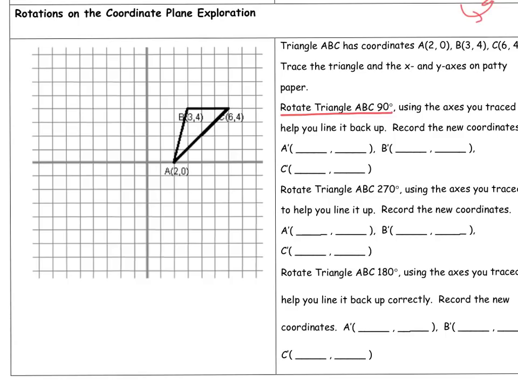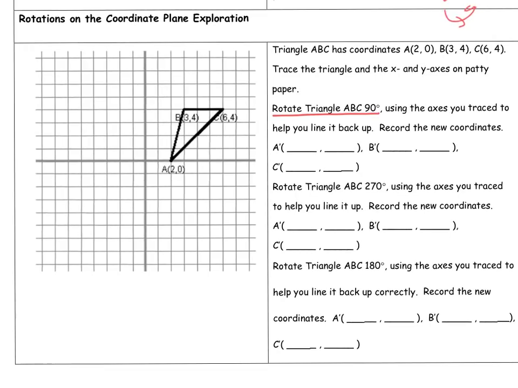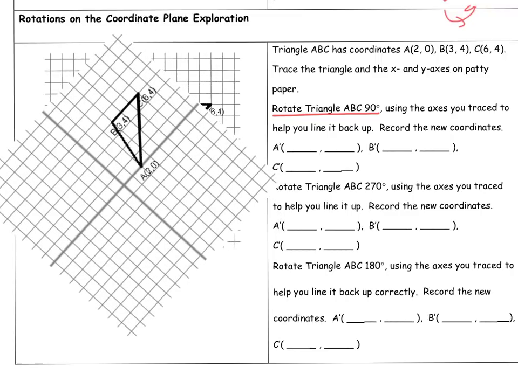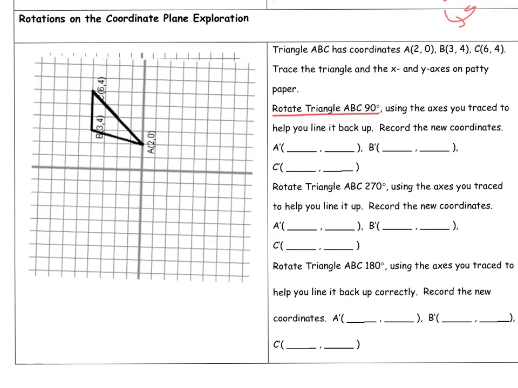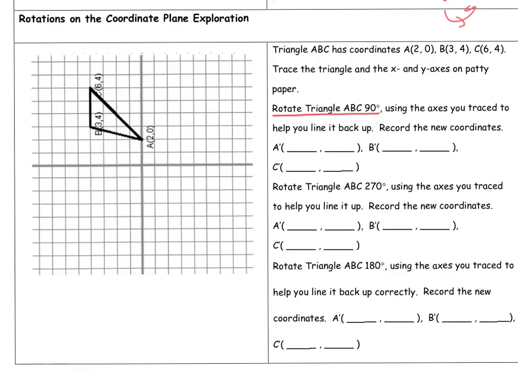Now it's 90 degrees, so it's going to be counterclockwise. You can either turn your paper, or you can just trace it with the patty paper. So I'm going to turn it 90 degrees. And there's my new coordinates. All I have to do is treat this as now we went from quadrant 1 to quadrant 2 and write down the coordinates of the new points. Disregard the points that are on there.